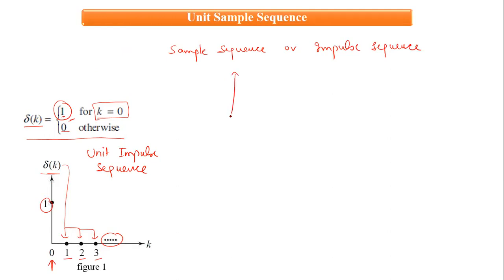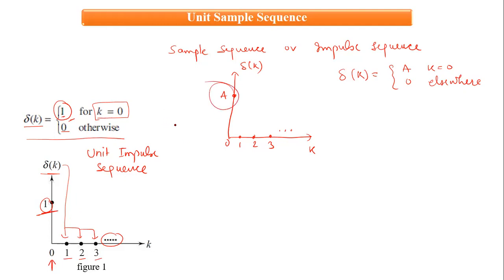In that case, delta k will be some value, let us say A, for example, at 0 and 0 at all other samples, right? So it can be represented as delta k is equal to A for k equal to 0 and 0 elsewhere. So we are calling it unit because its magnitude is 1. Otherwise, for any arbitrary magnitude A, the impulse sequence or sample sequence can be represented by this particular formula.